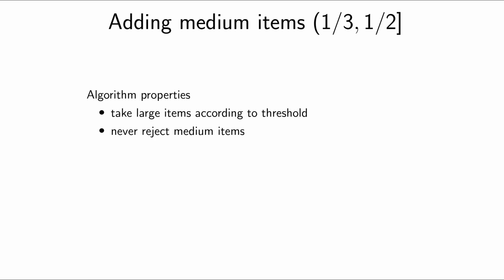We still treat large items according to the threshold. Namely, a large item must be at least f of the argument 1 divided by i plus 1. Also, we never reject a medium item, except when we run out of knapsacks, at which point we terminate.